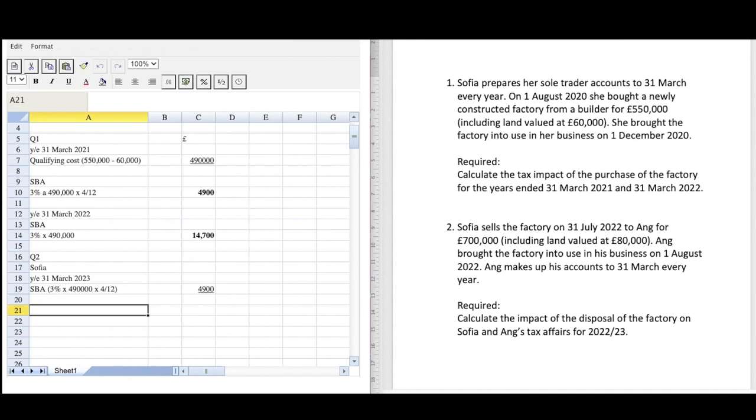If we look at things then from Ang's point of view, Ang has the same year-end date, so March 2023. And Ang is just going to pick up the proportion that hasn't been claimed. So 490,000 at 3% multiplied by 8/12.